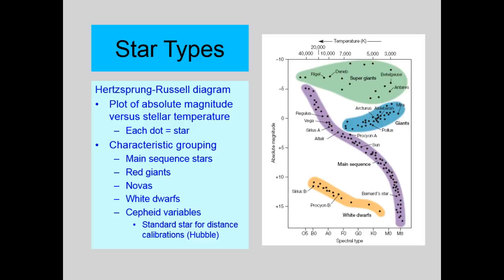Now these are the supergiants. Now some of these can be quite hot, down to quite cold, but they're huge, massive stars. These are the ones that are so big, they still have a lot of heat in them, but they're so big, there's very large absolute magnitude.